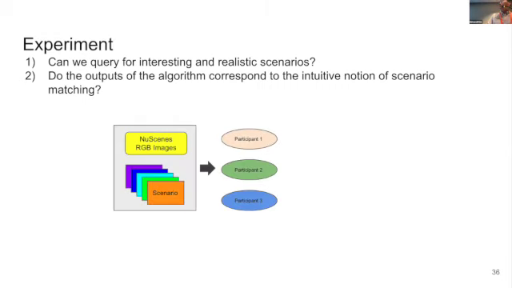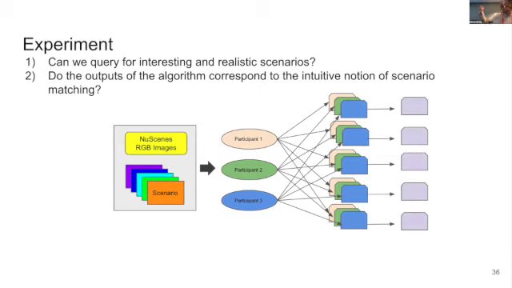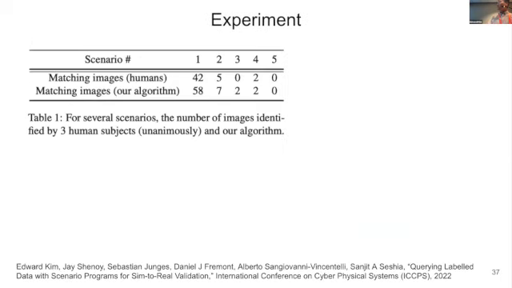So we recruited 3 participants, gave them 5 different scenarios with, in this case, nuScenes RGB images, and asked them to manually retrieve the matching images. Then we took an intersection of each subset to find the most accurate, given that humans can make errors.